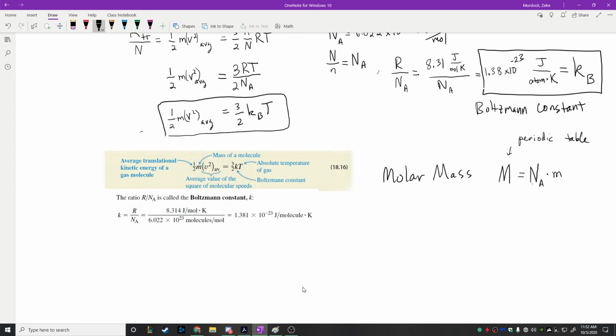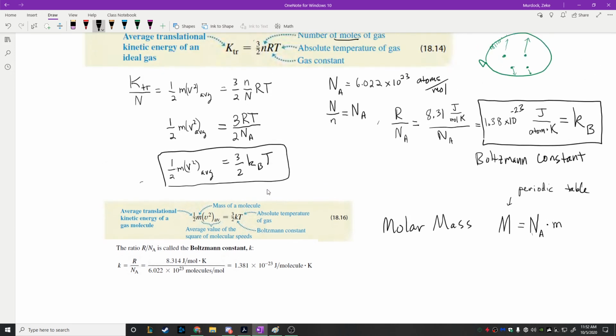So given that, what we can do is multiply, looking at my notes here, I'm getting confused by what I wrote. Oh, so yeah, right here, this equation. Actually, it's probably easiest to start from the equation above it. This equation already has the NA in it, and we need NA times m to show up. So we want to multiply NA to the left-hand side. So we'll have 1/2 NA multiplied by the mass of a single molecule, which is going to be our molar mass, multiplied by v squared average.